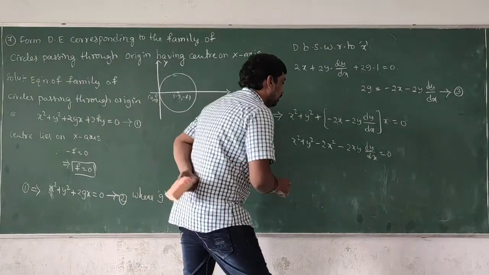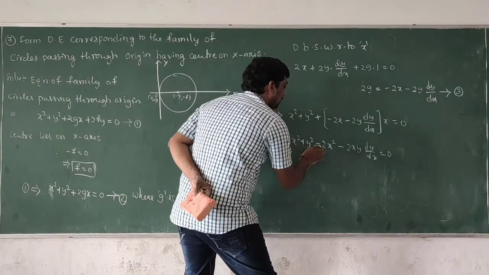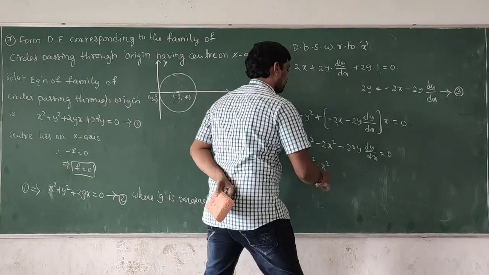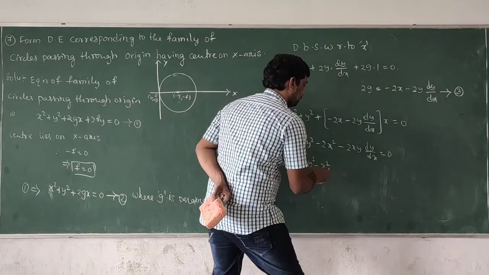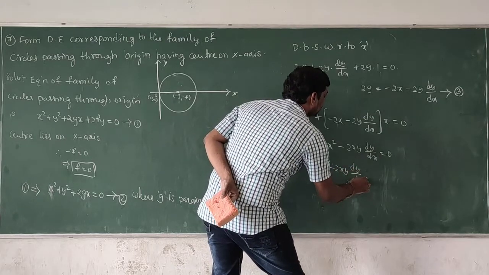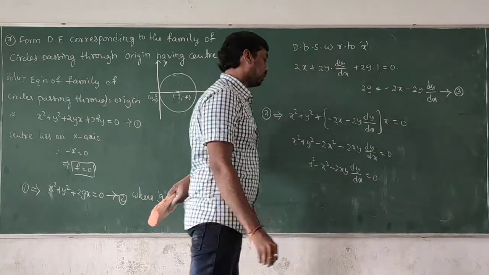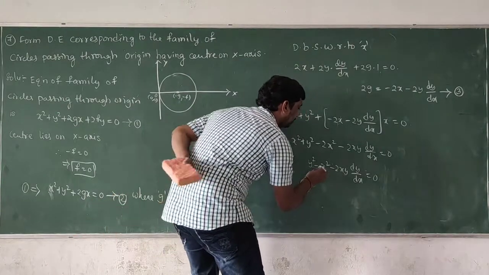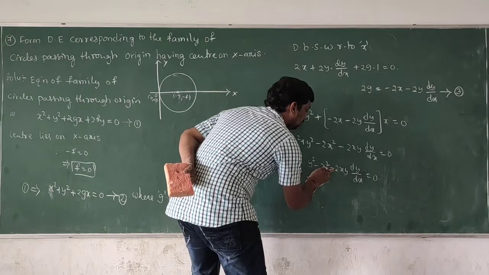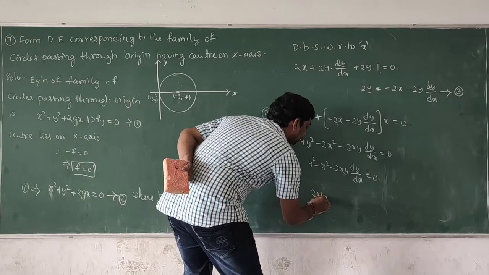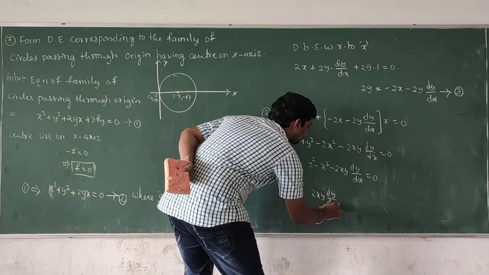Okay. Now x square minus 2x square gives minus x square, plus y square, minus 2xy into dy by dx equals 0. Okay. Required differential equation. This can be written as: taking the terms to the opposite side, 2xy into dy by dx equals y square minus x square.